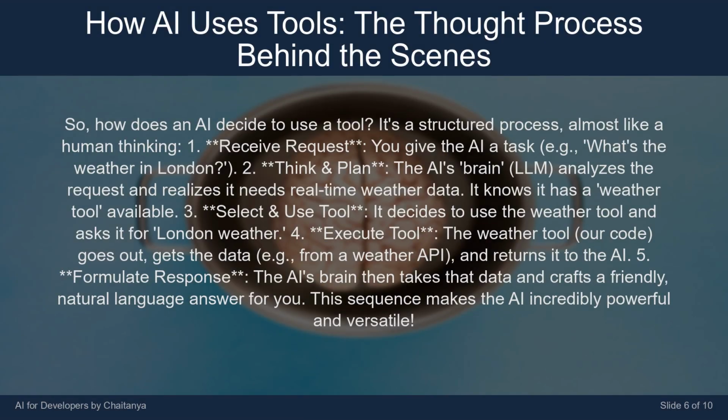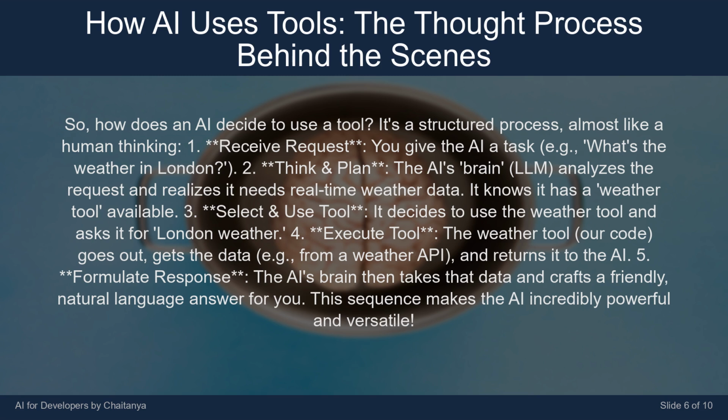So, how does an AI decide to use a tool? It's a structured process, almost like a human thinking. 1. Receive request. You give the AI a task. E.g., what's the weather in London? 2. Think and plan. The AI's brain, LLM, analyzes the request and realizes it needs real-time weather data. It knows it has a weather tool available. 3. Select and use tool.